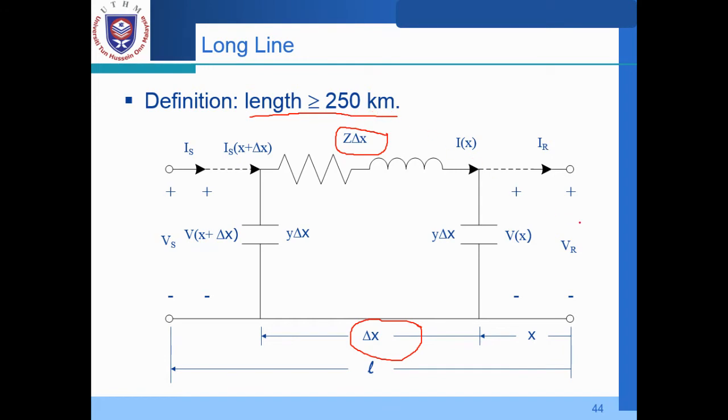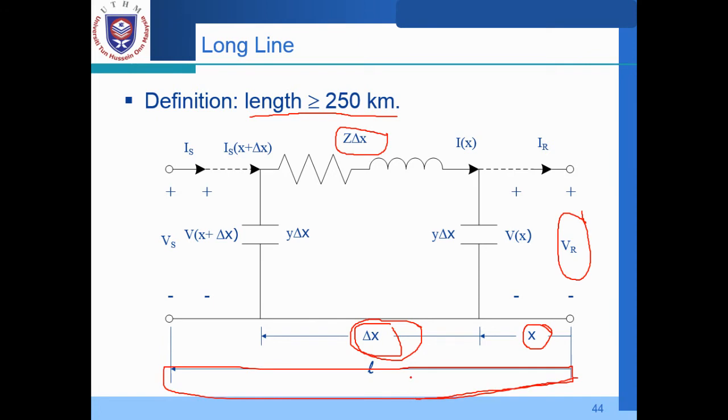If you see from the receiving end, this is the distance of x, and this has been extended to a longer distance, delta x. So this is the total L, which is at minimum 250 kilometers.